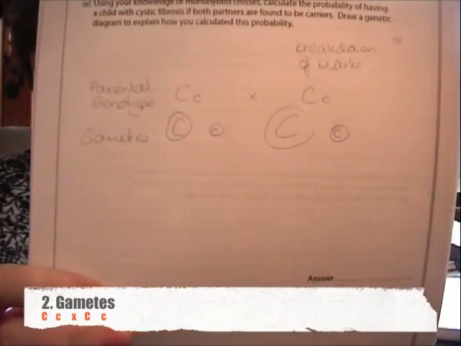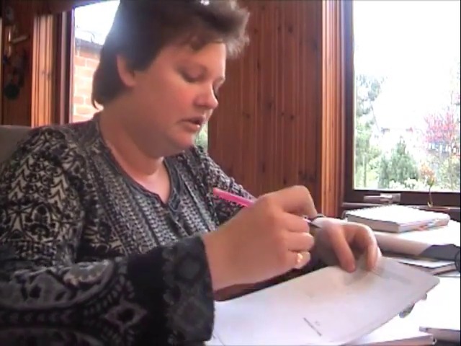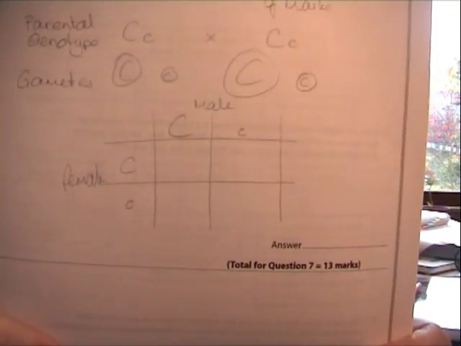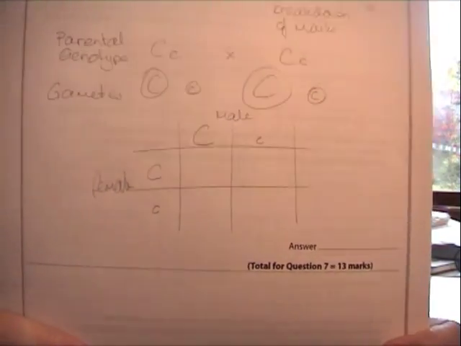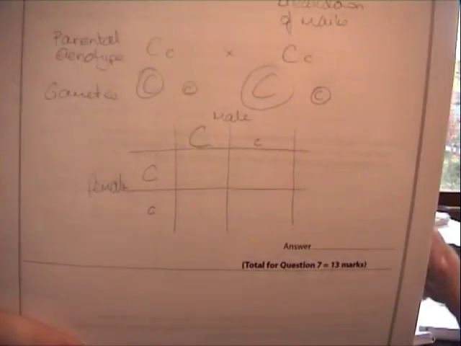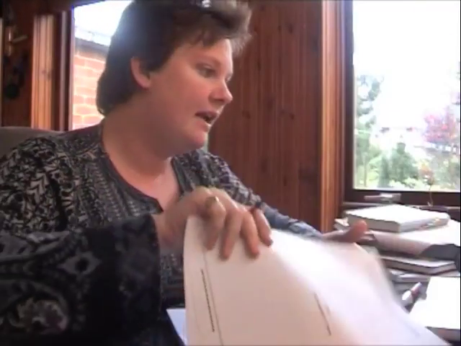The second one sounds really ridiculous, but they actually give you a mark for separating those genotypes into the gametes. Now, I've got quite an old-fashioned way of doing it. You can either do it like that if you're going to do the drawn crosses, or if you're going to do it as a Punnett square, as titles for your Punnett square. So either method of writing the gametes is acceptable for that second marking point.